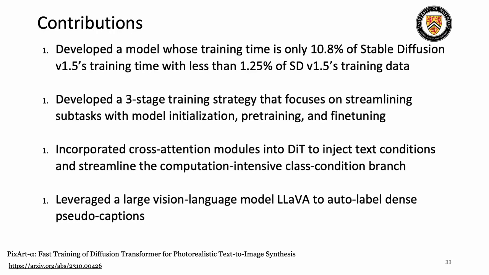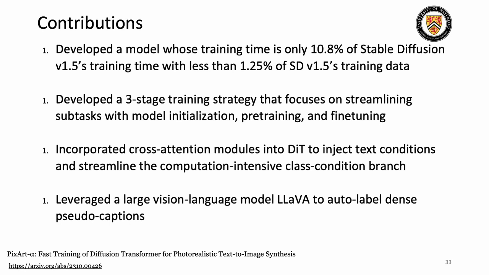The core contributions of the paper are as follows. Firstly, the model's training time is remarkably short, requiring only 10.8% of the time needed for a Stable Diffusion version 1.5, while also using less than 1.25% of its training data. Second, it introduces this 3-stage training strategy, which enhances the process by concentrating on model initialization, followed by a targeted pre-training and a fine-tuning stage, with each stage designed to streamline specific subtasks.